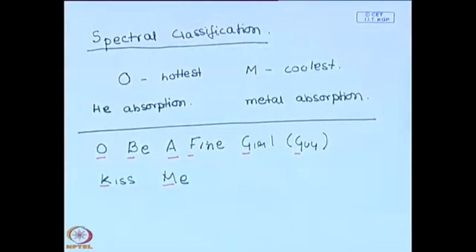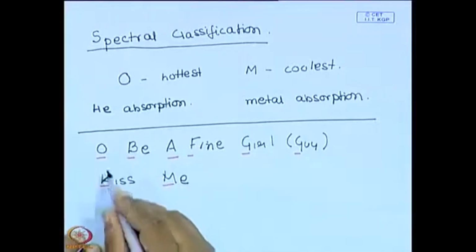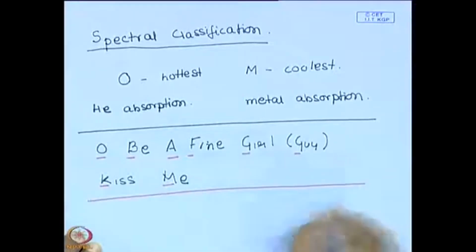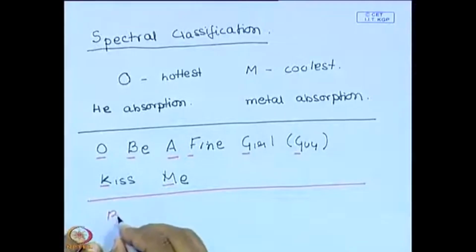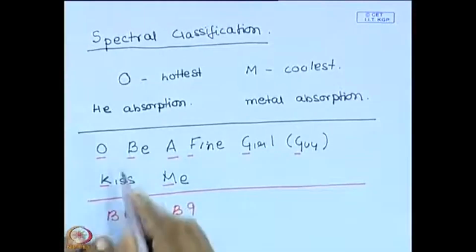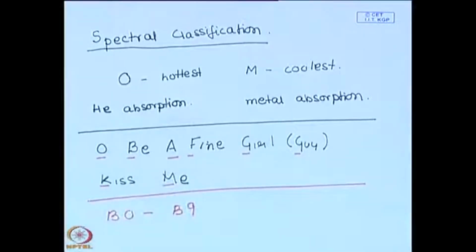There is a further subdivision inside this. So, the B stars, for example, you can have a sub classification, say B0 to B9. Okay. So, this holds for all of them. So, 0 to 9 is the subclass.